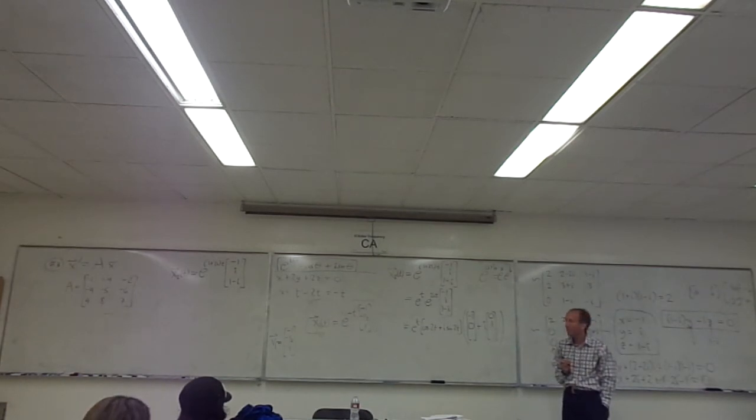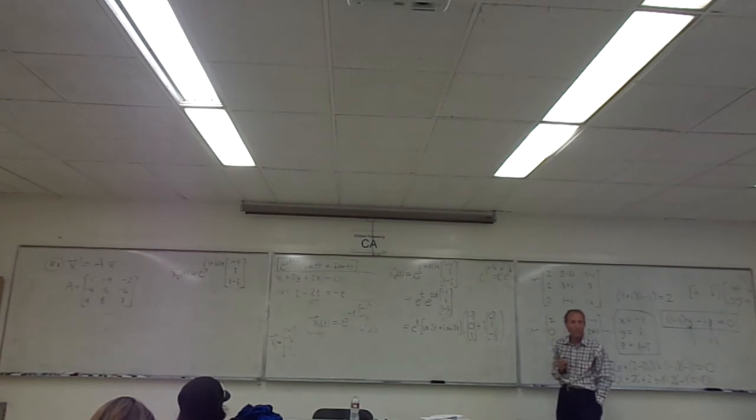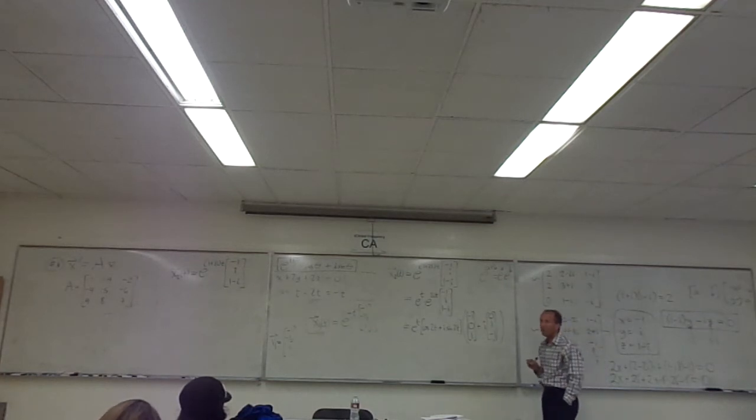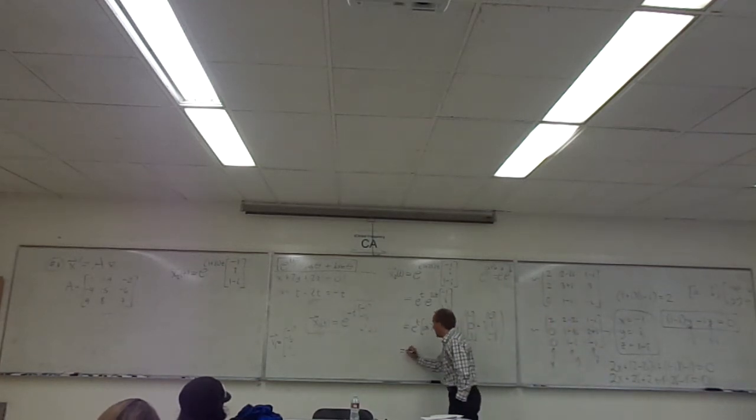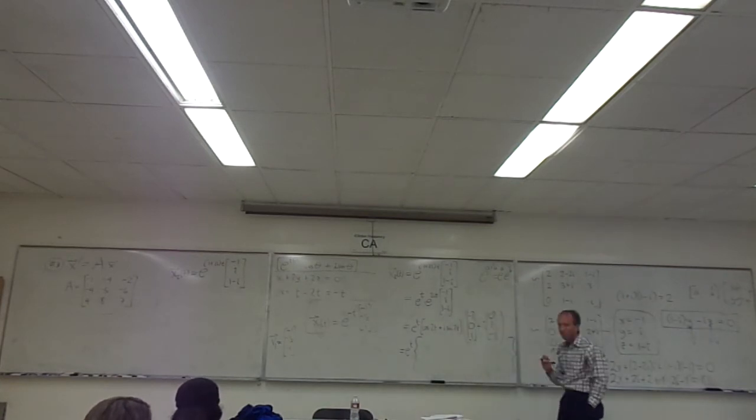Agreed? Then in the third row, I have 1 for my real part, and negative 1 times i. Does that look okay? Everybody with me? Now, first of all, I like to factor out the e to the t. Give yourself a lot of room.